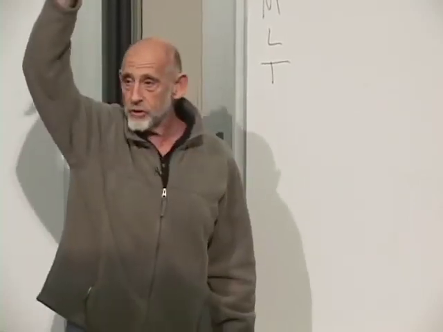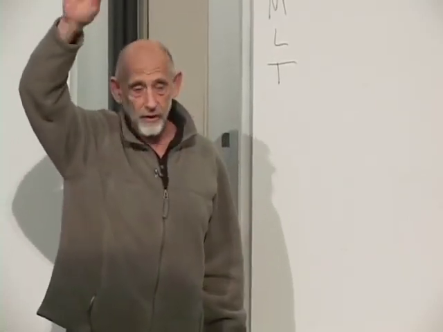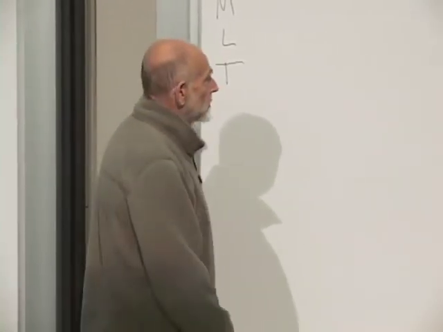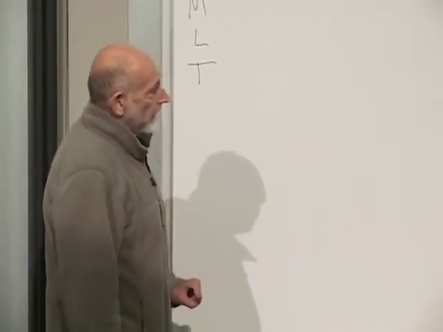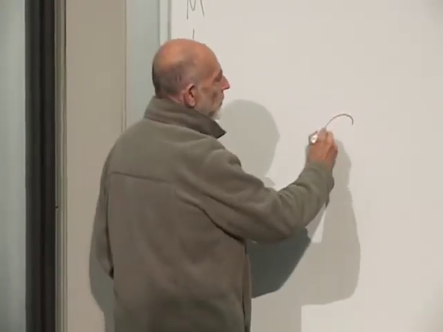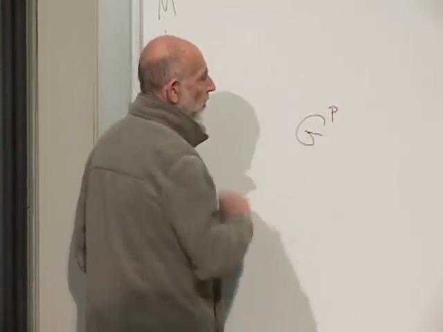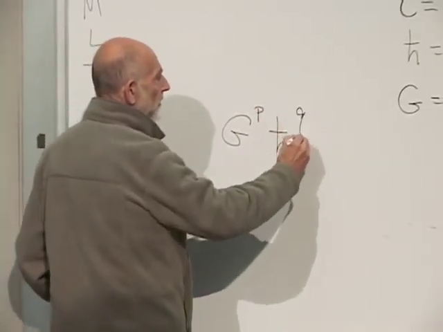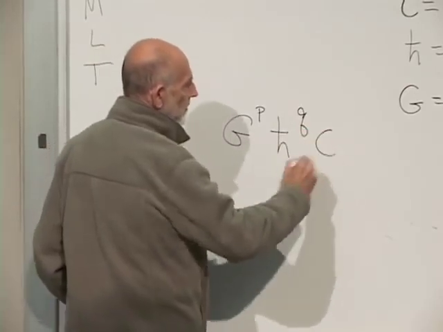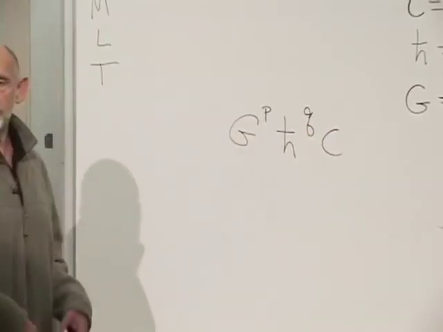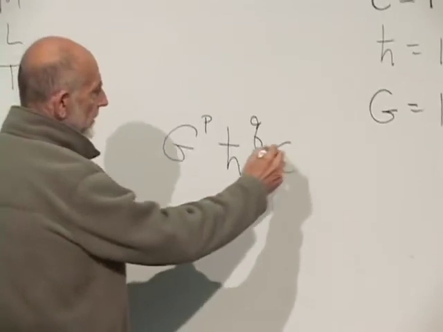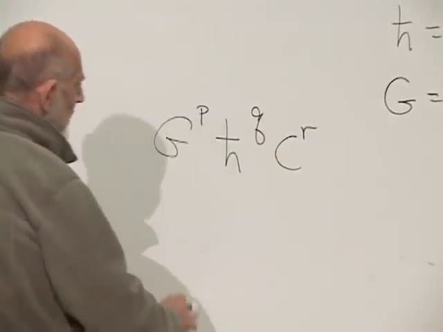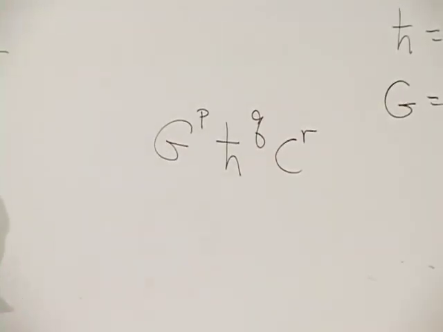Everybody here knows how to do dimensional analysis? Okay, we'll do some simple dimensional analysis. We want to find a combination g to some power, let's call it p, h bar to some other power q, and c to some other power r, which has units of length.